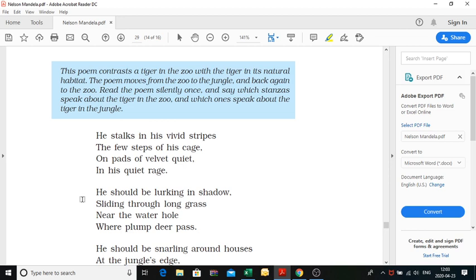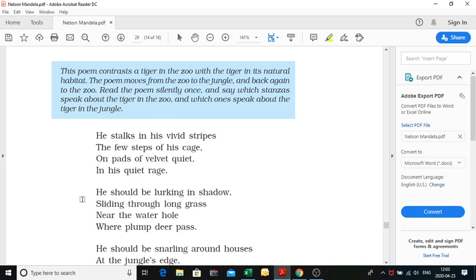Hurry up, today we are going to start a poem, A Tiger in the Zoo. Right? और जहां भी आपको समझ में ना आए बेटा, you may write in the comment box.